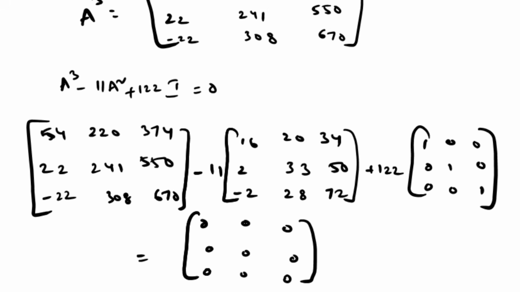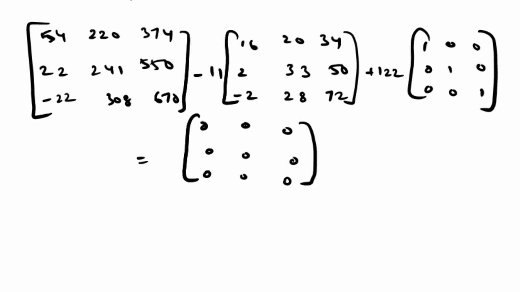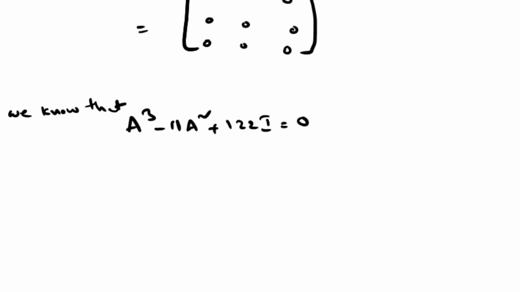To find A inverse, from the above we know that A cube minus 11A square plus 122I is equal to 0. Multiply on both sides with A inverse.